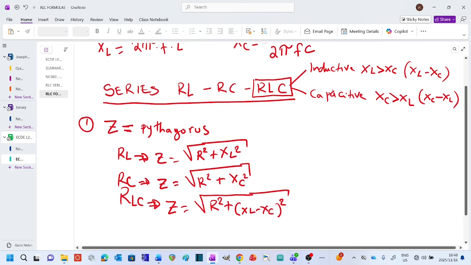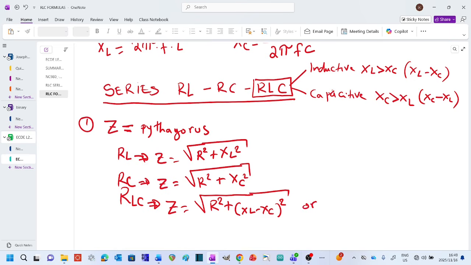That is for an inductive circuit. If your circuit is capacitive, Z is equal to the square root of R squared plus XC minus XL, everything squared. So that's what you do.